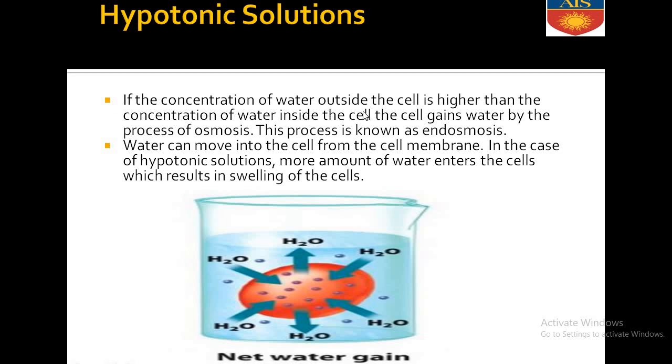If the concentration of water outside the cell is higher than inside, the cell gains water by the process of osmosis, known as endoosmosis, and the solution is known as hypertonic solution. In this case more water enters the cell, which results in swelling of the cell.